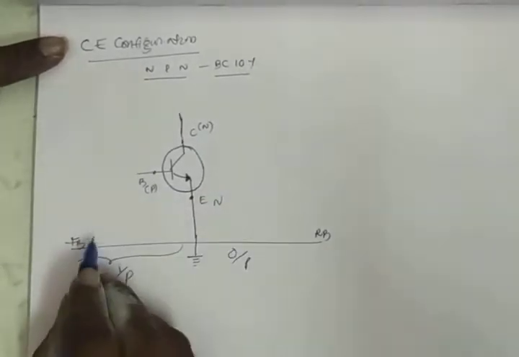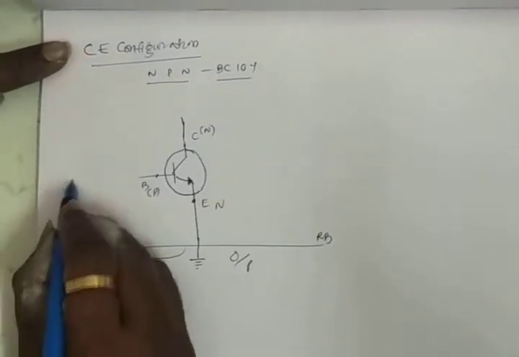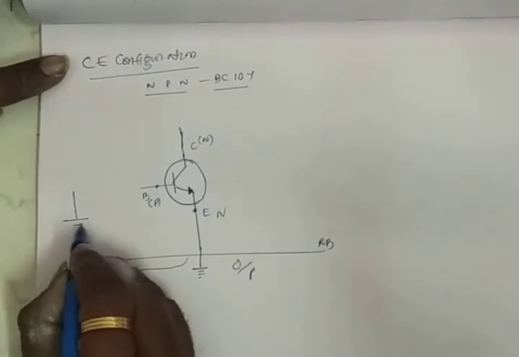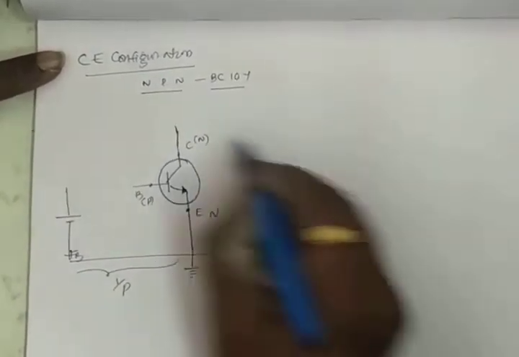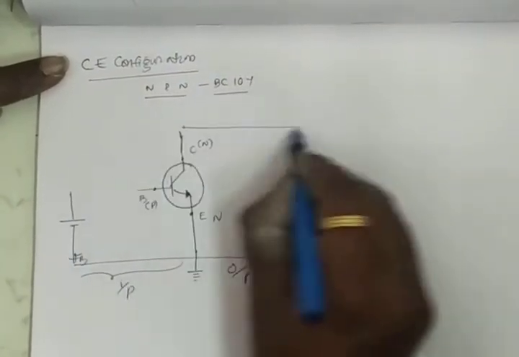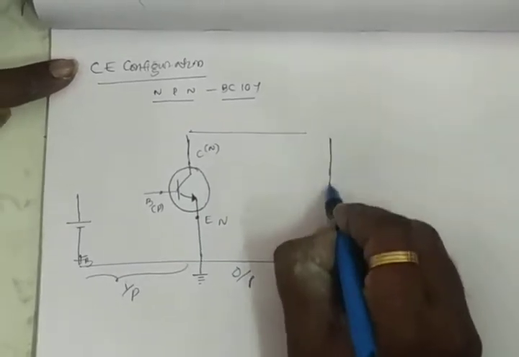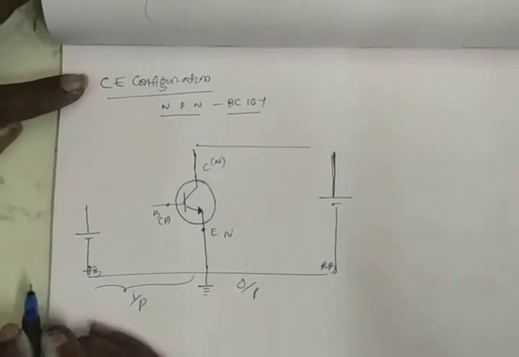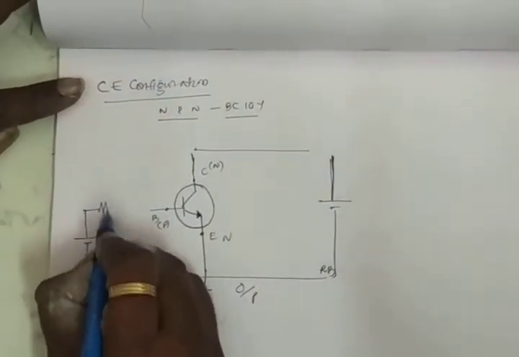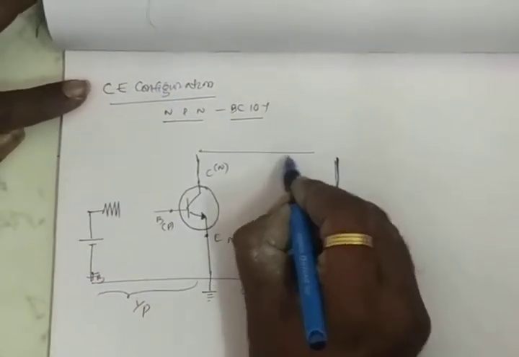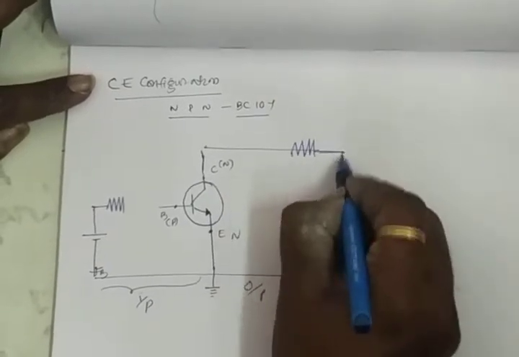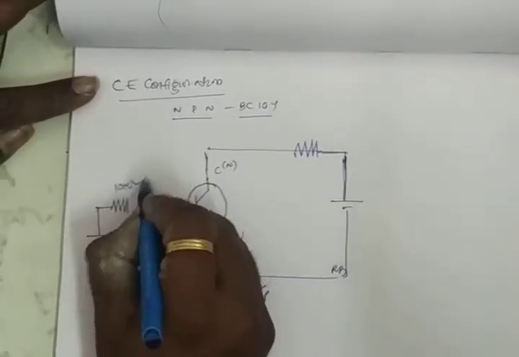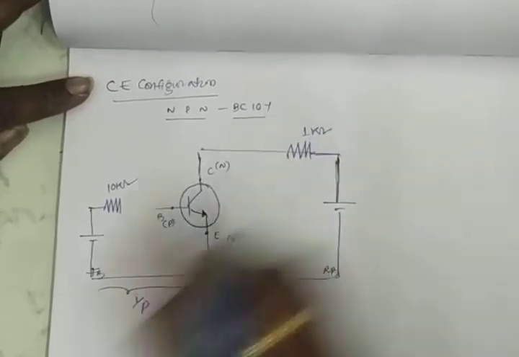So forward bias means P must be connected to positive, N must be connected to negative. Reverse bias means N must be connected to positive and the remaining to negative. To limit the current in the input, we will be using one resistance, and to limit the current in the output, we will be using one more resistance. This is about 10 kilo ohm, this is about 1 kilo ohm.